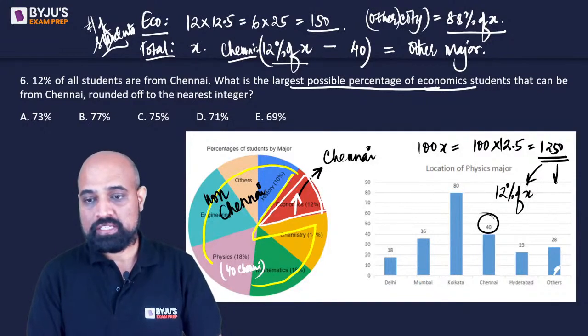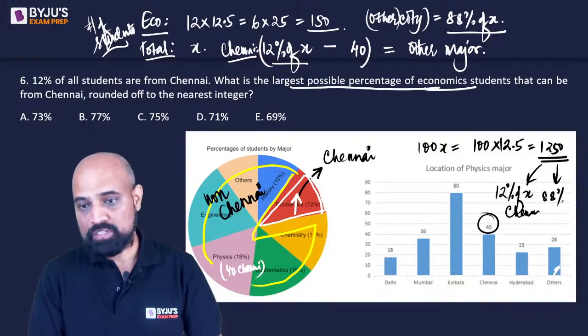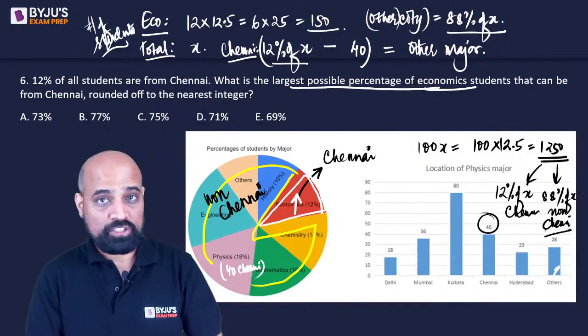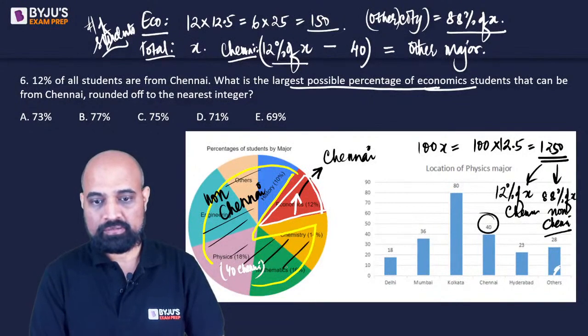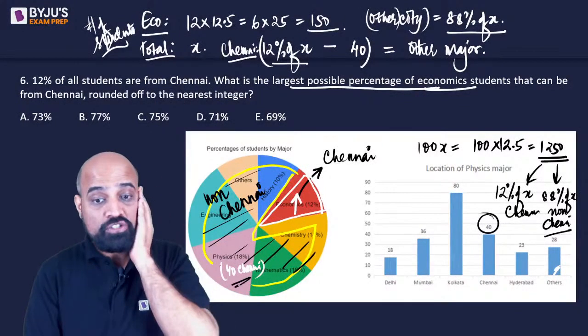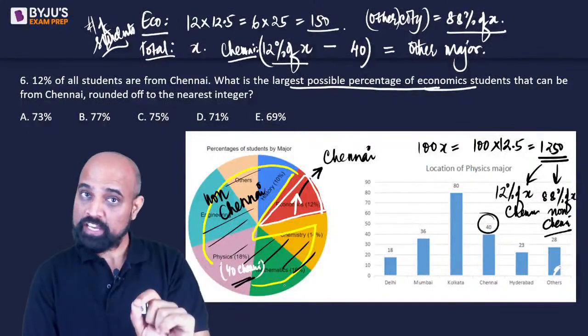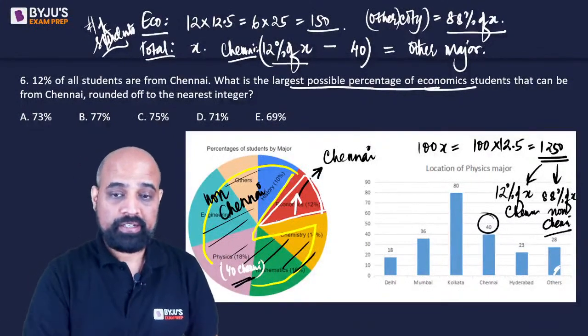And how many are not from Chennai? So can we say 88% of x? These 88% of x students should go at these places. और याद रखना ये जो फिजिक्स वाले डिपार्टमेंट में 40 हैं वो ऑलरेडी प्लेस्ड है, राइट?